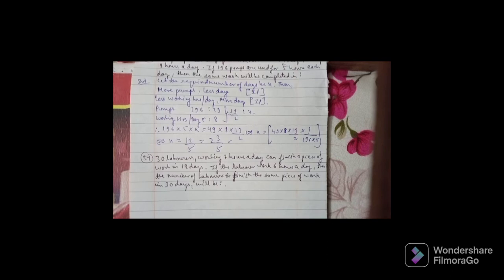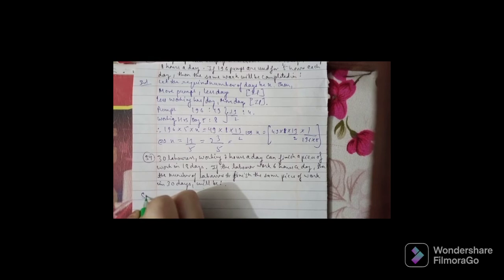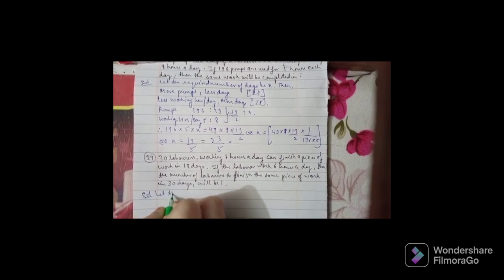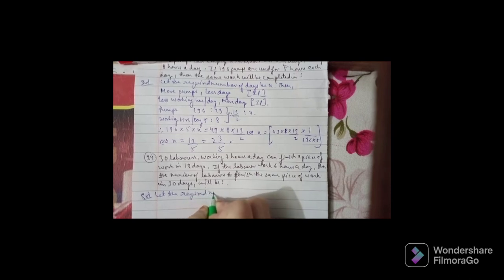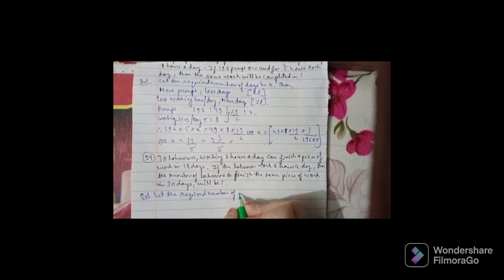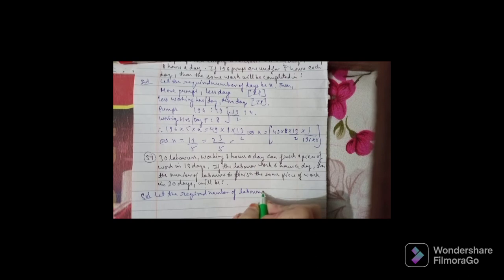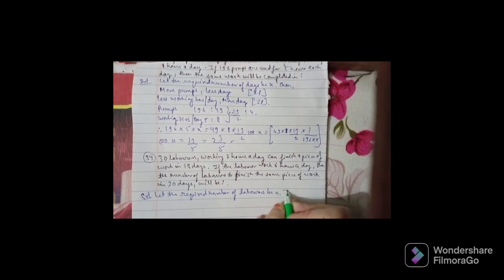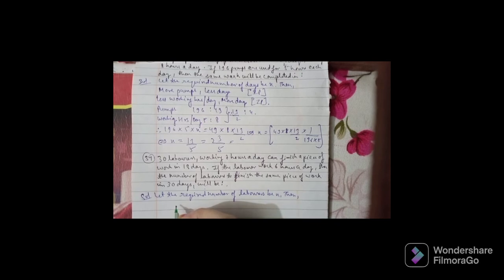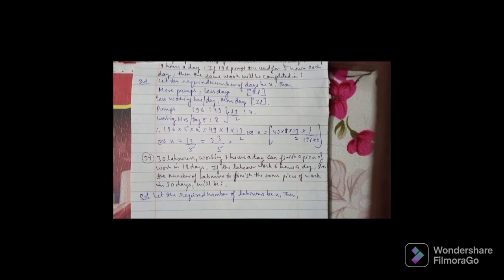So here we go. Let the required number of laborers be X. Then less working hours, more laborers, that we have to do with the same.